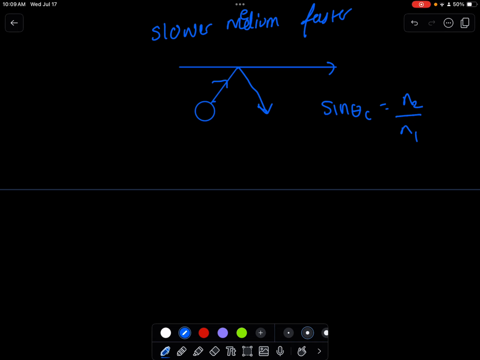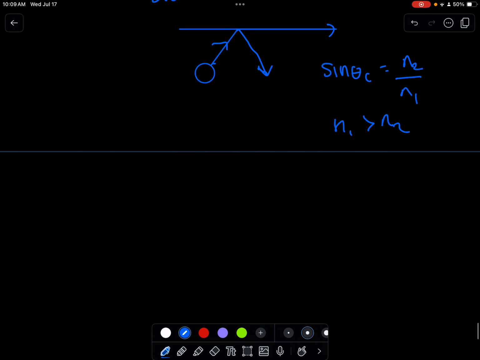So in this case, n1 is greater than n2. So if we want to find the critical angle for light going from, for example, water to air, what we would do is take n1 and n2, so sine theta critical is equal to the refractive index of air, which is 1, over the refractive index of water.